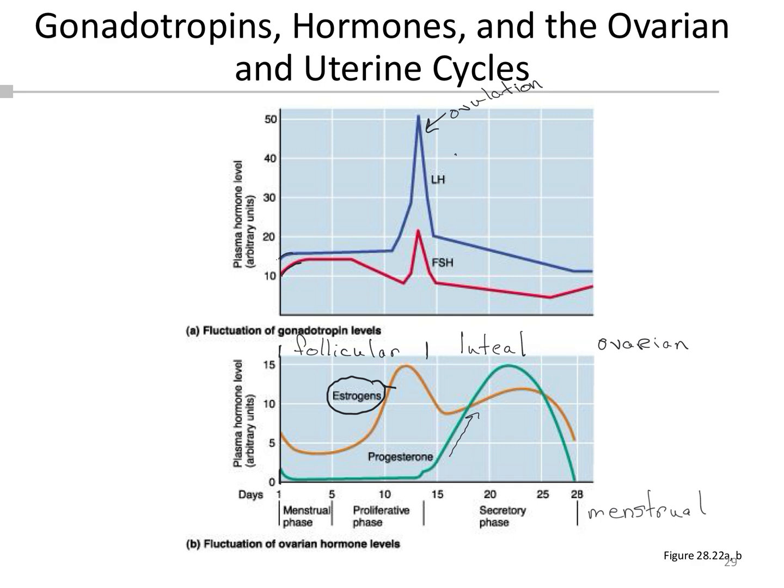The corpus luteum becomes our corpus albicans, and the whole process starts over. If we look at the menstrual cycle, the first 14 days are divided into 2 phases: the menstrual phase, which is when menstruation is occurring, and the proliferative phase.